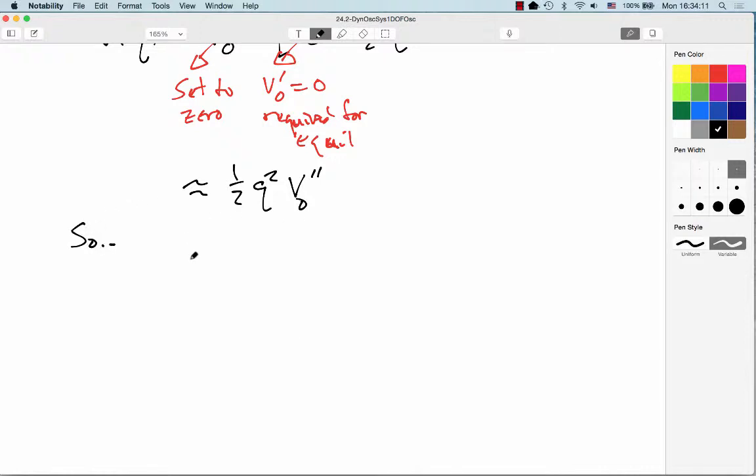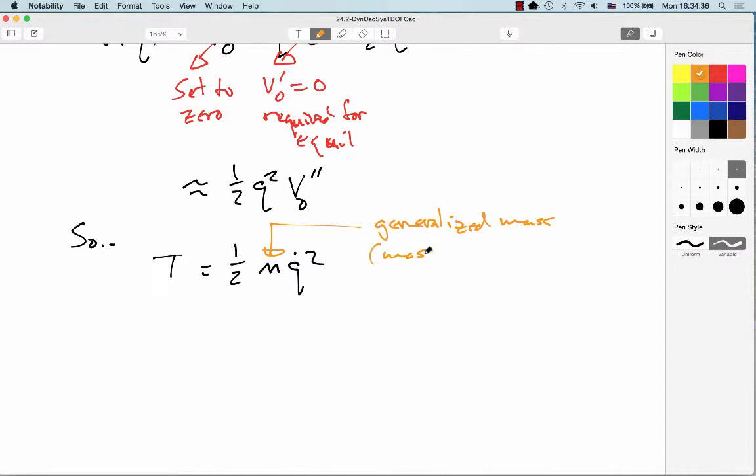So we can write our kinetic energy as 1/2, and I'm going to write sort of like a half-sized capital M, Q dot squared. And we should view this as being a generalized mass. So it could be a mass, or it could be a moment of inertia.